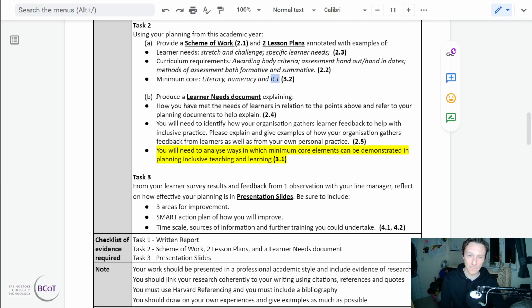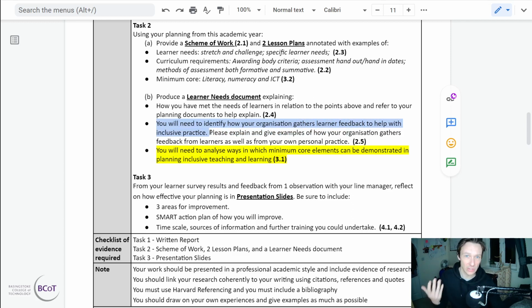For task 2, I also need you to produce a learner needs document, and within this, talk about how you have met the needs of the learners in relation to the points above. Please here refer to your planning documents to explain. In this learner needs document, we need you to identify how your respective organisation gathers learner feedback to help with inclusive practice.